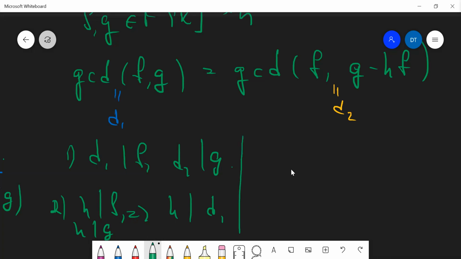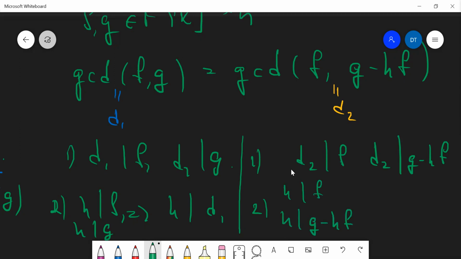What are the properties for D2? D2 must divide f, and D2 must divide g minus hf. And the second property: if something divides f and divides g minus hf, then it divides D2.